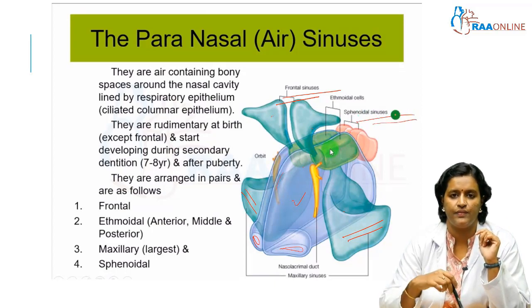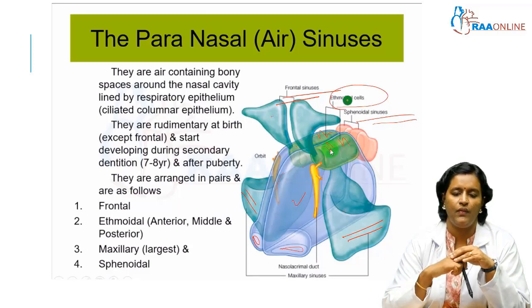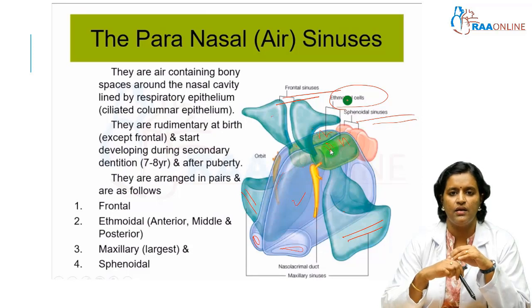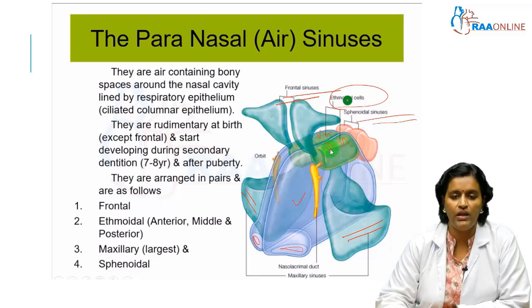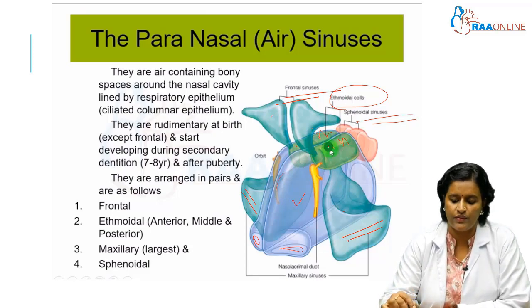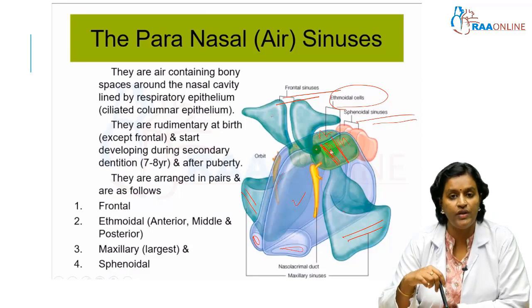Now, behind the nasal cavity and also a little above are the sphenoidal sinuses, which are also paired ones. And above the nasal cavity, here near the roof of the nasal cavity, you have the ethmoidal sinuses. The ethmoidal sinuses are arranged in the form of three subgroups, each of them paired.